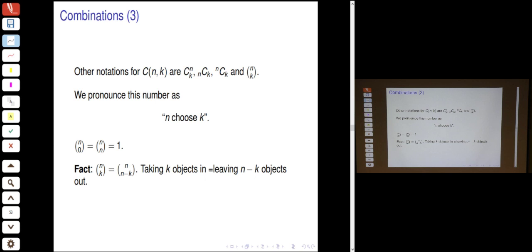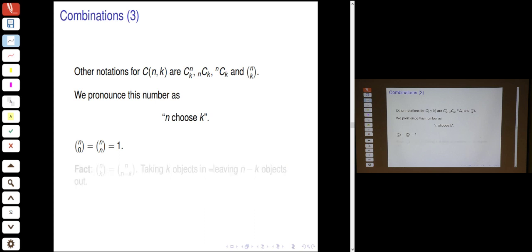To justify this, n choose k elements is the same as I leave out. I specify which objects I take. It's the same as I specify which objects I reject, right?